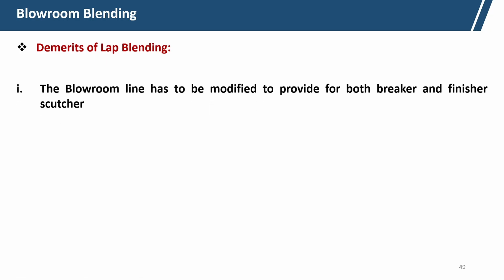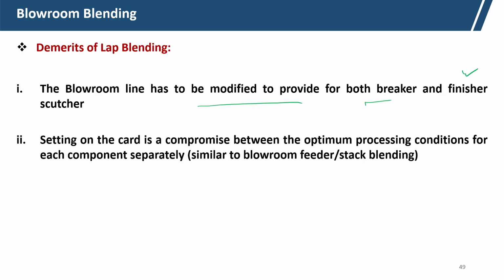And the demerit is that the blowroom line has to be modified; both breaker and finisher scutchers have to be there. Most blowroom lines have only a breaker, only a single scutcher, and nowadays lap blending does not exist in most modern blowroom lines. Setting on the card is a compromise between the optimum process conditions for each component separately.